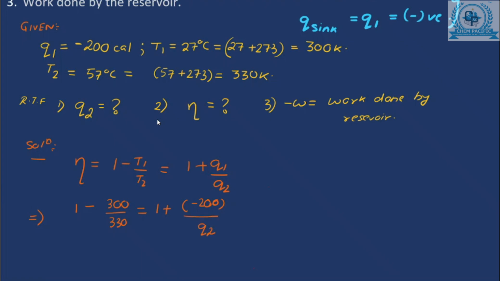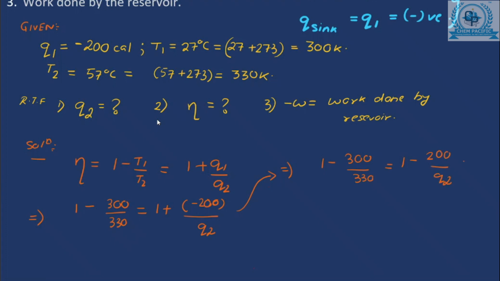So even though they have given you only 200 calories of heat, as they have informed you that this amount of heat is given out by the system to the sink, जो heat given out is always represented as negative sign. तो हमने इसे इसलिए minus 200 we have written. So अगर आप इसे solve करते हो तो आपको मिल जाएगा 1 minus 300 by 330 is equal to 1 minus 200 by Q2.